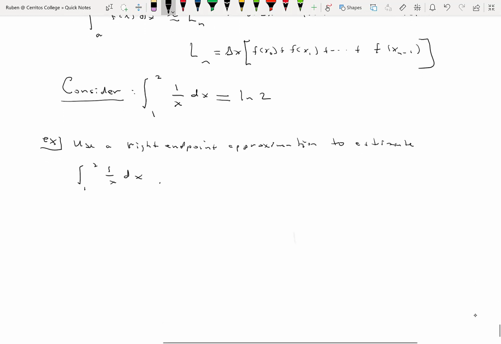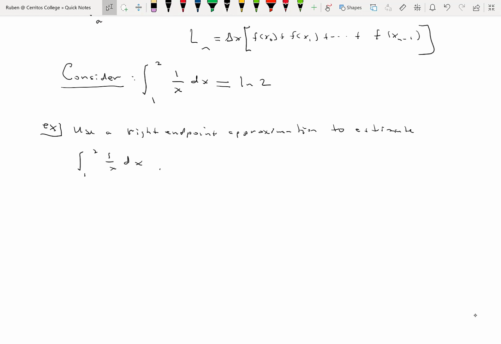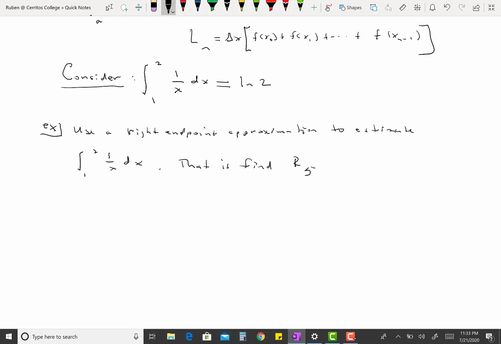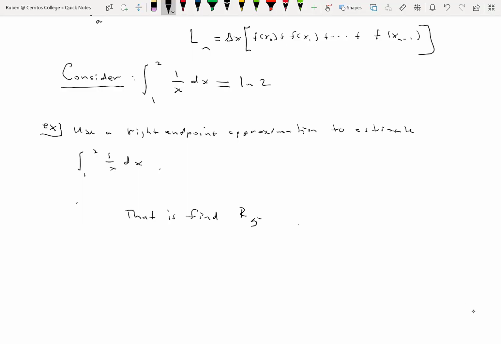In other words, I want R sub 5. Okay, so that is, find R sub 5. And I realized as soon as I said it means find R sub 5, that I never stated in the problem what n should be. So that was my blunder there. I'll fix that. So use a right-hand endpoint approximation to estimate the integral with n equals 5. And that means find R sub 5.